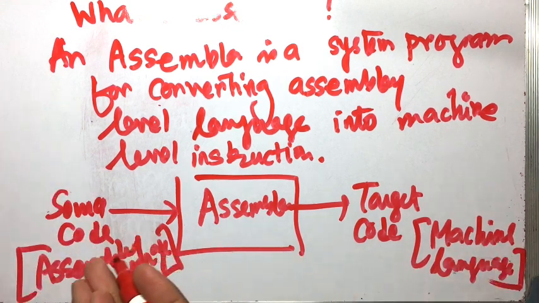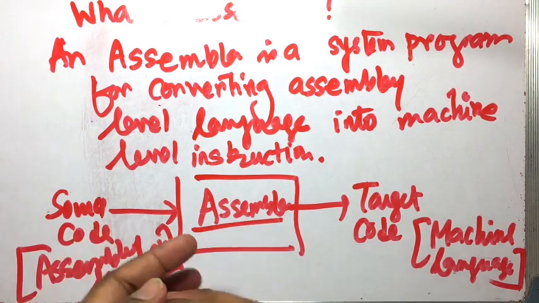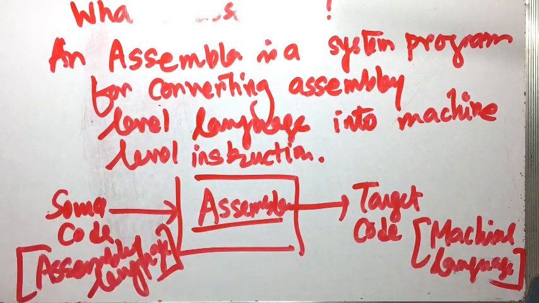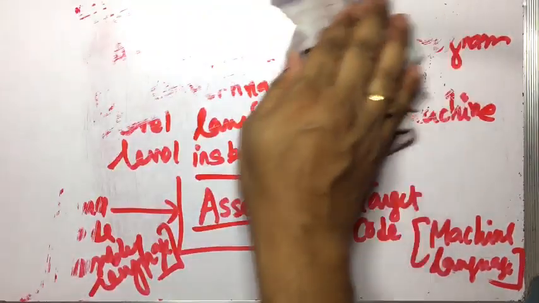Assembly language is converted to machine language with the help of assembler. So this is a conversion of assembly level language to machine level language technique. So it is a system software. Now the first one, definition of assembler, is over.